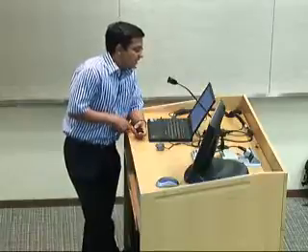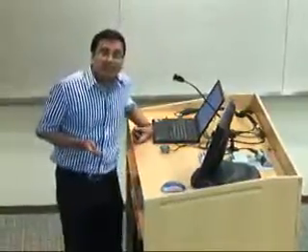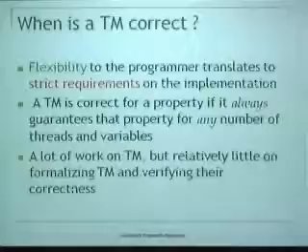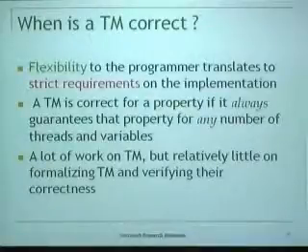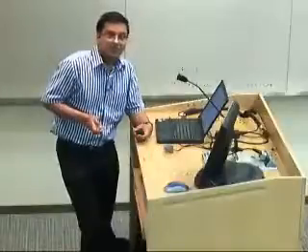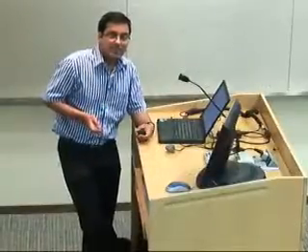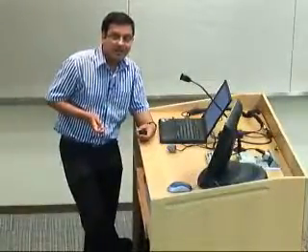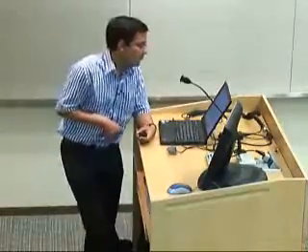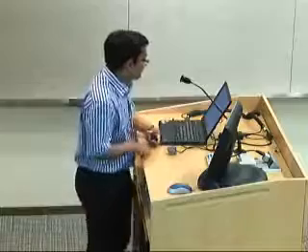So these are strict requirements on the implementation: for any possible program written by the programmer, the correctness should hold. So a TM is correct for a property if it always guarantees that property, no matter how many threads and variables the programmer uses. There has been a lot of work on TM, but relatively little on how to formalize the properties and how to verify their correctness.